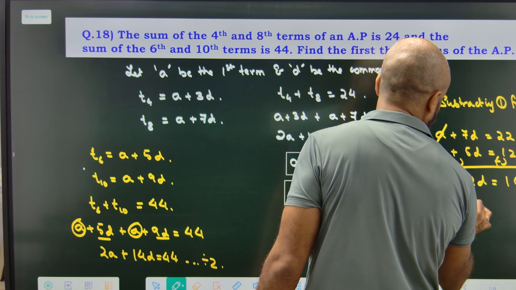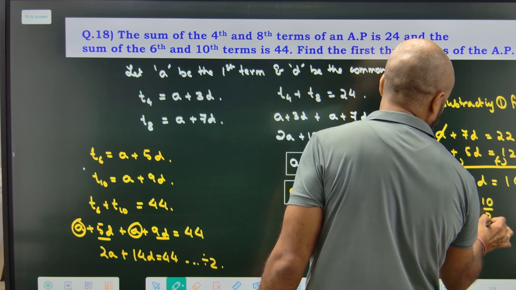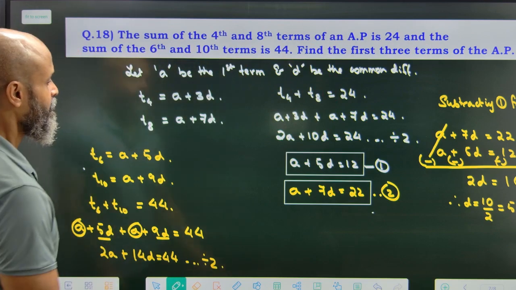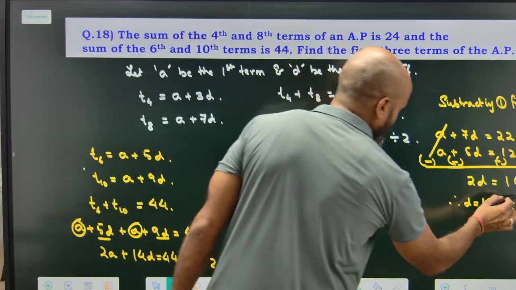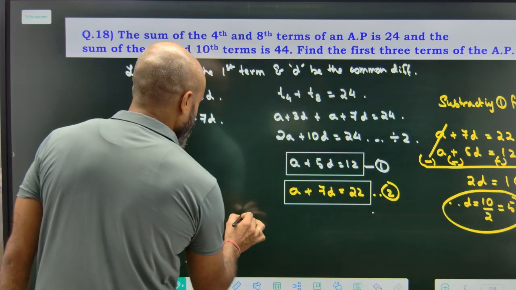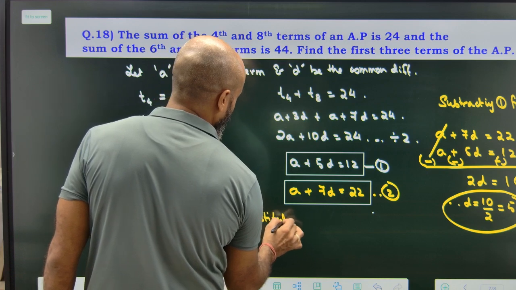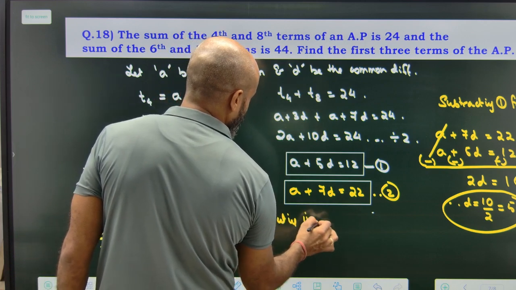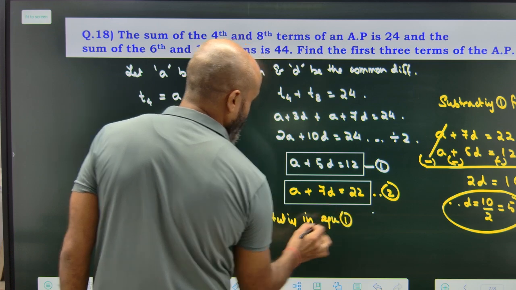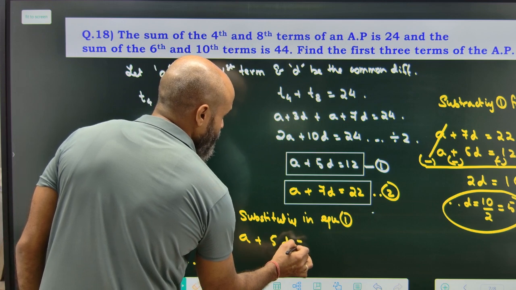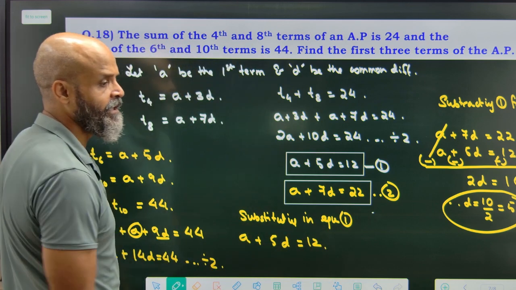So therefore D is equal to 10 by 2, that is 5. So D will be equal to 5. Now we have already found the value of D. So substituting in equation 1, what do we get? A plus 5D is equal to 12.